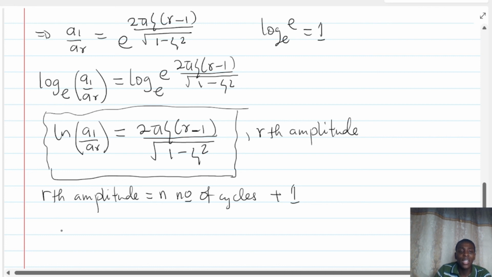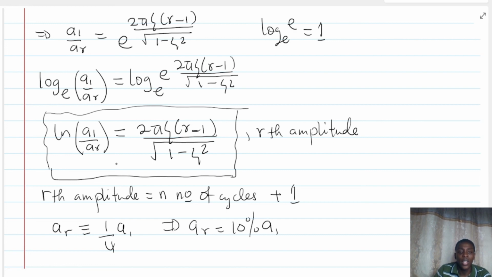And sometimes they can tell you that after 4 complete oscillations, or maybe after 5 complete oscillations, the amplitude reduces to maybe 1/4 of the original value. Sometimes they can tell you that it is 10% of the original value. Then you just make sure that you are able to solve this.